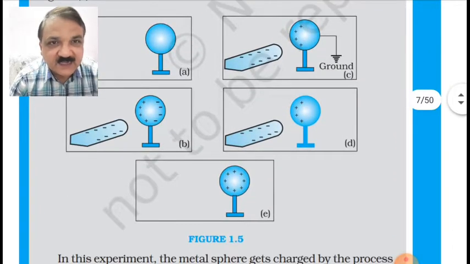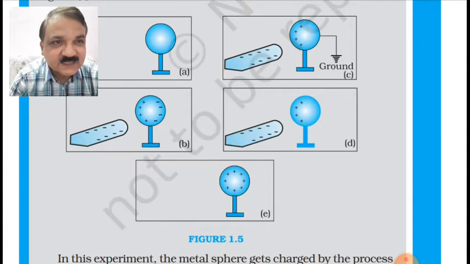One point I want to tell in the second figure: you see there is a grounding, meaning the positively charged sphere is being grounded.